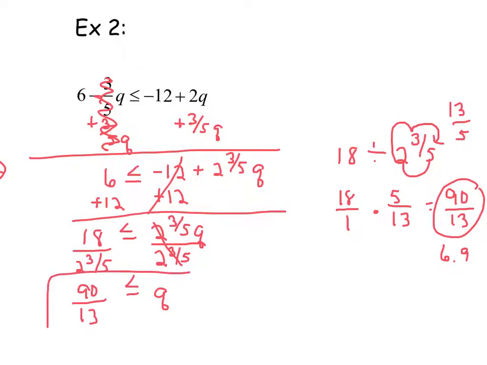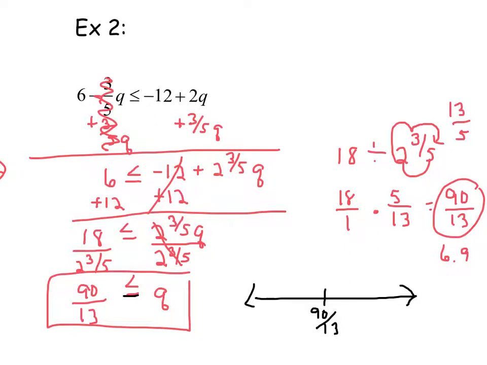Because my variable is on the right when I graph this, let's graph it. I'll put 90 over 13, which again is about 6.9 here. Now I determine what kind of a circle.